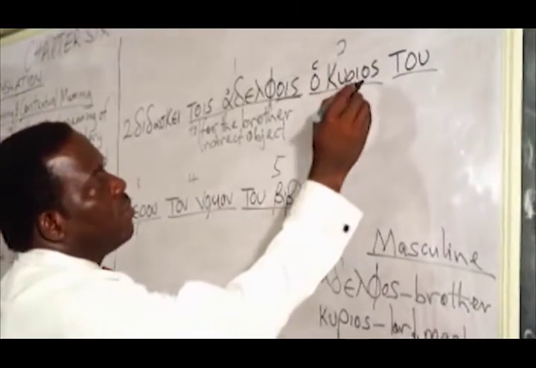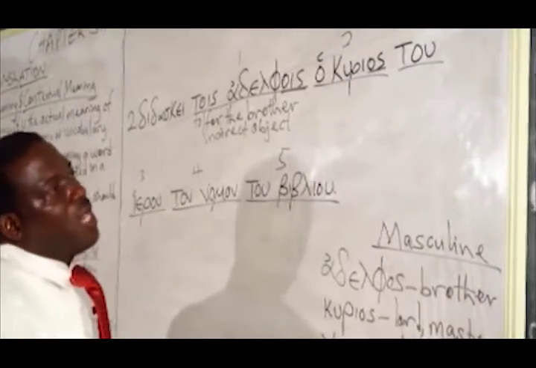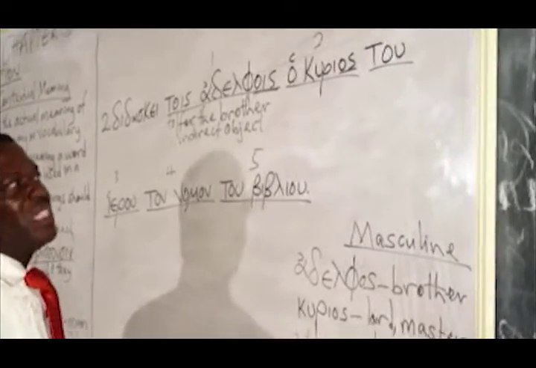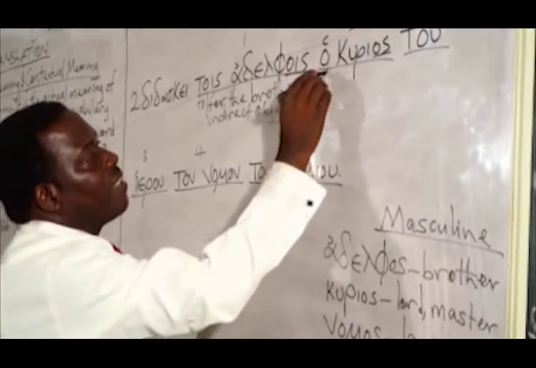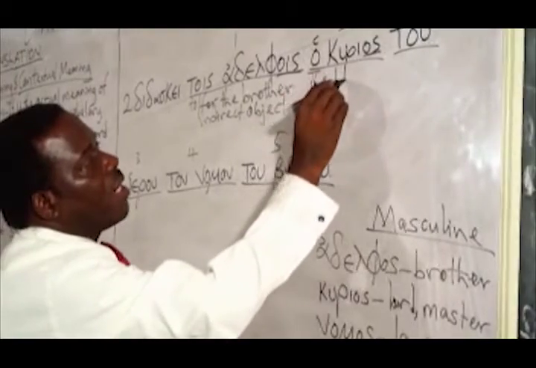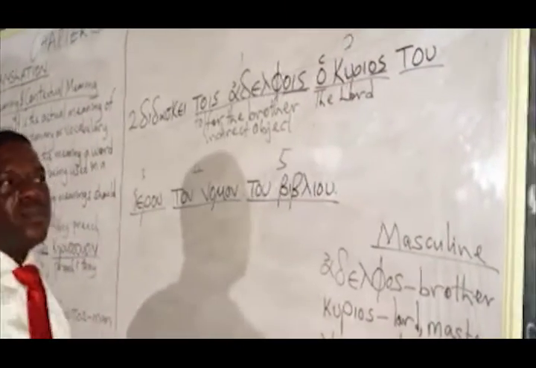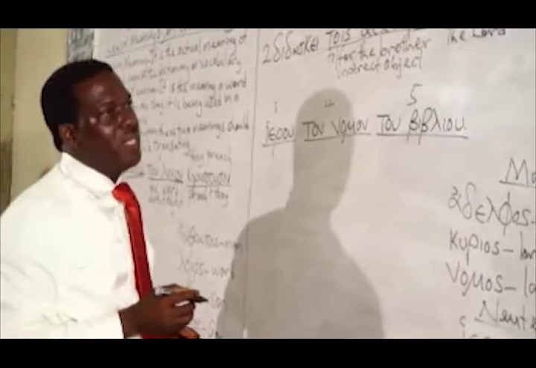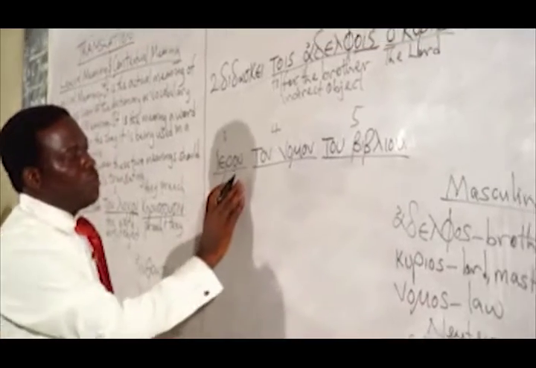The second noun to be identified is kurios. The ending is nominative singular, nominative singular with the article. We have the Lord or master. The next word is tou hierou.